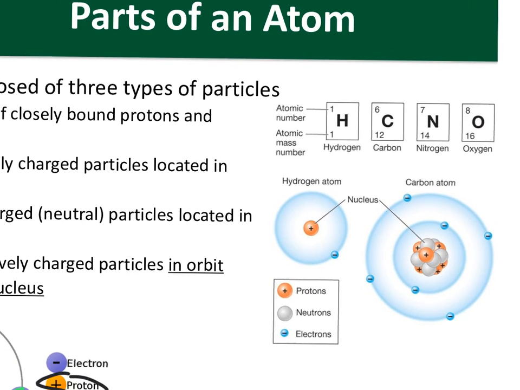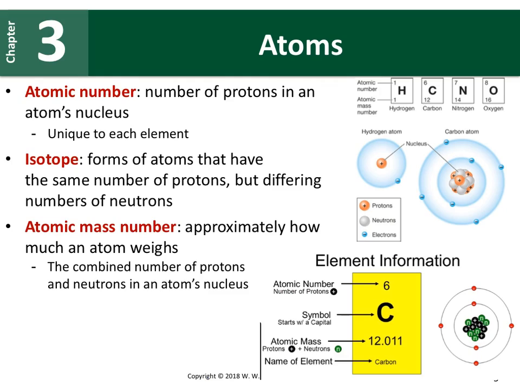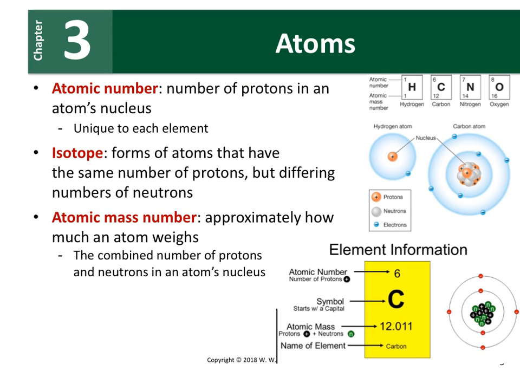Okay, and then let's take a look at this. Atomic number. So hydrogen has an atomic number of 1 because it has 1 proton. So if you count up the protons, you'll get the atomic number.